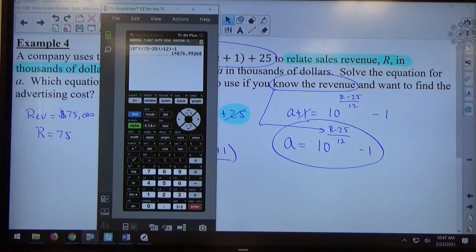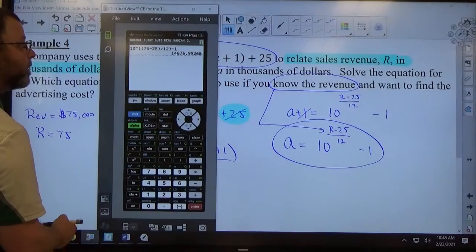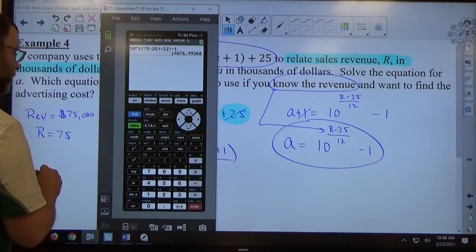Well, that's a lot of money. I don't think these are good equations. Oh well, we did it correctly, I think. So 14,676 times 1,000 would be $14,676,993.